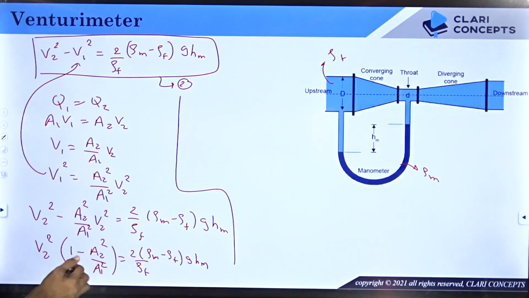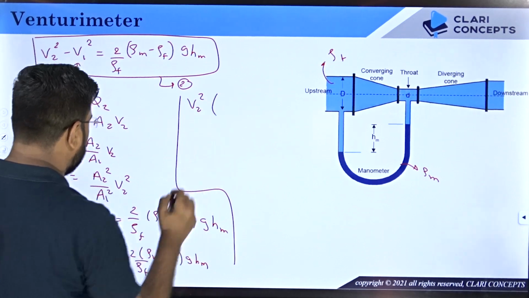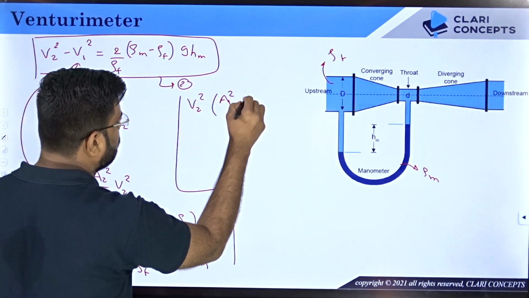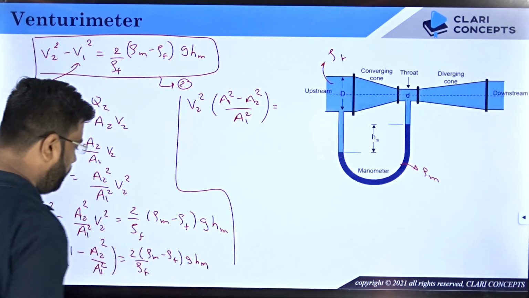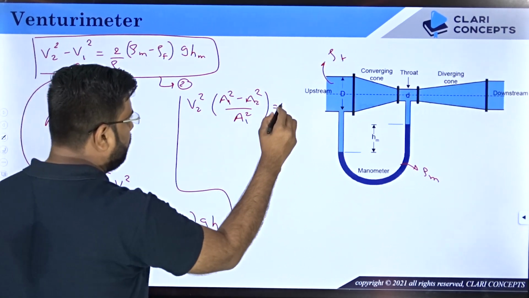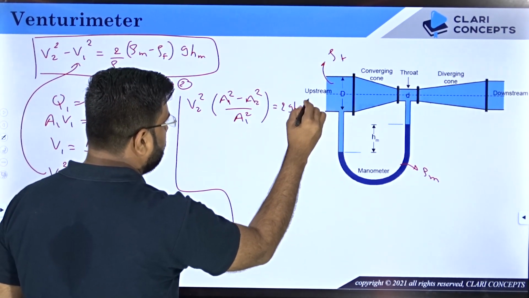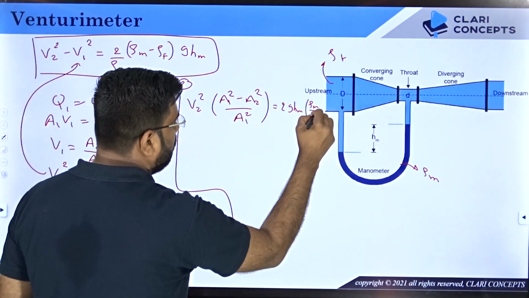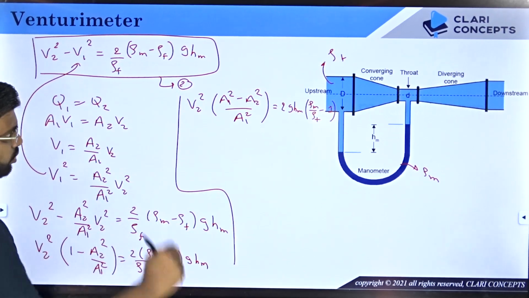Now you can write it like this, V2 square into A1 square minus A2 square divided by A1 square equals to, you can individually divide by rho f on both these terms. So this will be 2 g hm into rho m by rho f minus 1, because rho f by rho f is 1, isn't it?